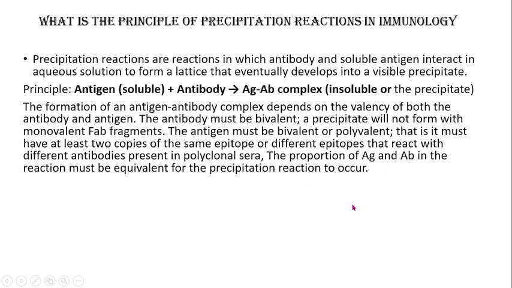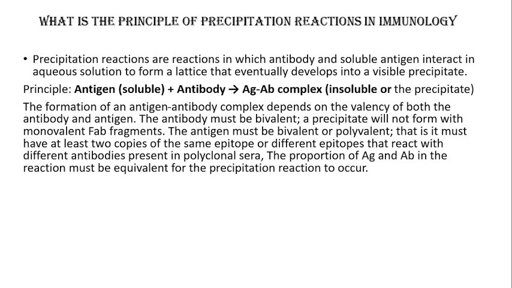The proportion of antigen and antibodies in the reaction must be equivalent for precipitation to occur, so the reaction needs complementarity between the antigen and antibodies.